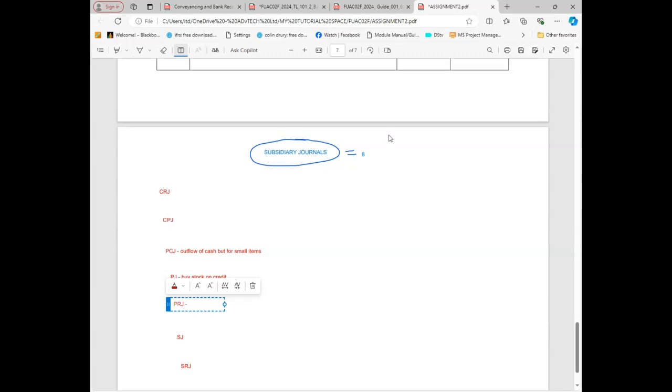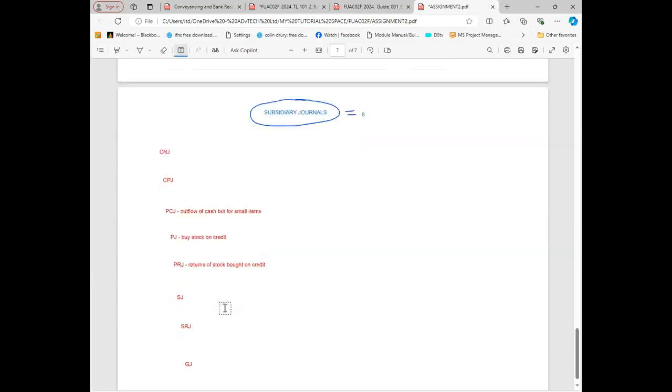What do we record here? Returning stock, I think. Return of stock bought on credit. So meaning whatever we bought here, we return it. Are we together?